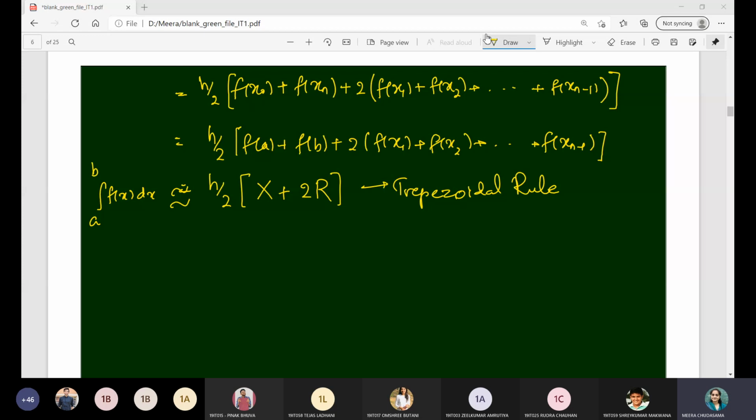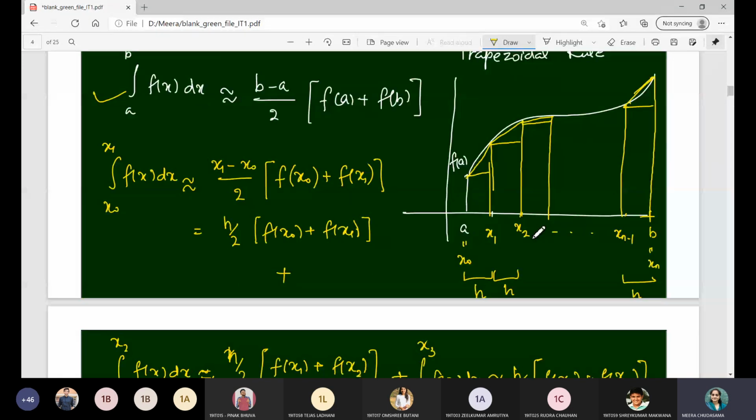Okay. So that is what happens when we take trapezoids. Further, for the trapezoidal case also, you can see that this is the quantity which we have to include, but we can't, due to the limitations of this method.